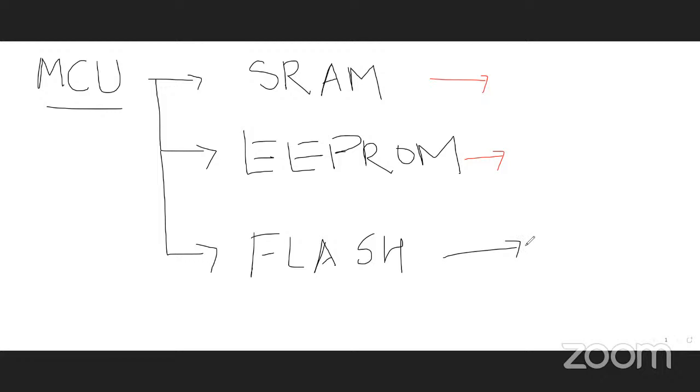Instruction data, yeah, that is your code. We normally call this our code or our instructions or our programs. All these things are the same. So when you write code in C and convert that into assembly and store it inside a controller, you're storing it inside the flash memory.